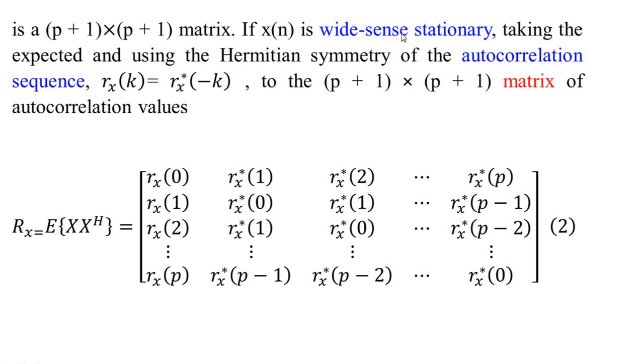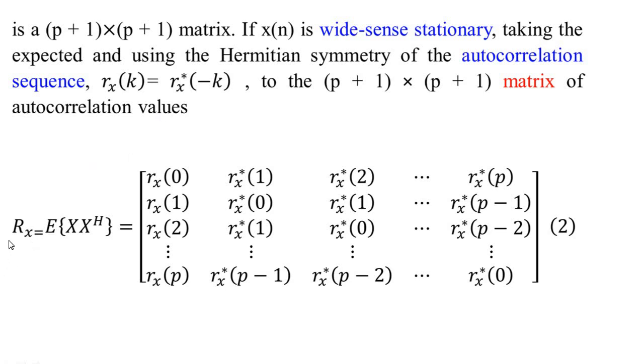If x of n is wide sense stationary, taking the expected value and using the Hermitian symmetry of the autocorrelation sequence, Rx of k equal to conjugate of Rx of minus k, we get a p plus 1 cross p plus 1 matrix of autocorrelation values.